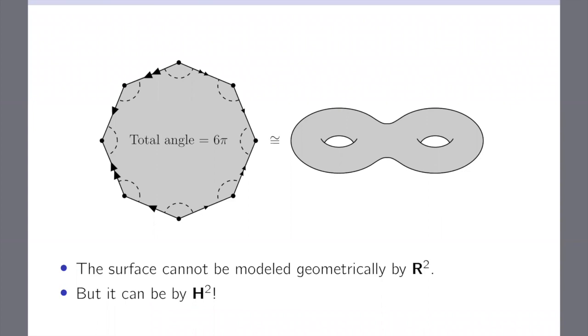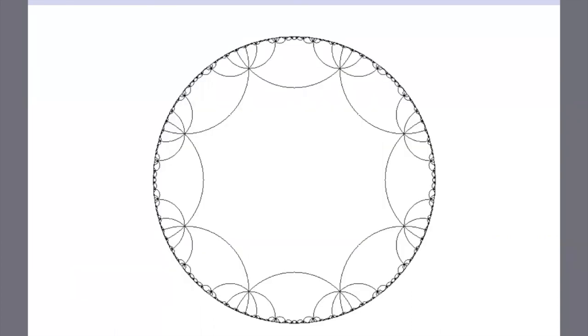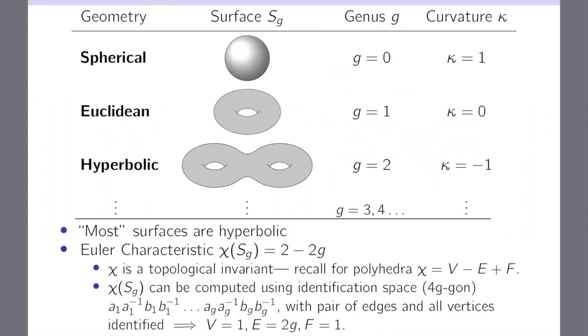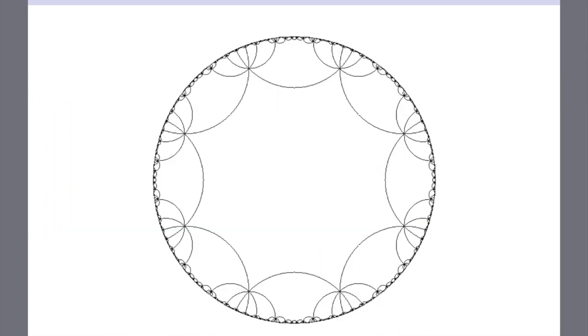That was in the second content slide. Now, this surface can't be modeled by R2, but it can be modeled on the hyperbolic plane. You can see here some kind of picture explaining that. This is just the regular octagon tessellation of H2.